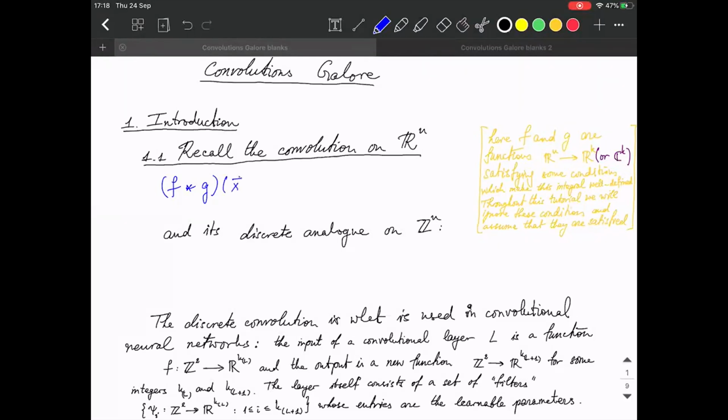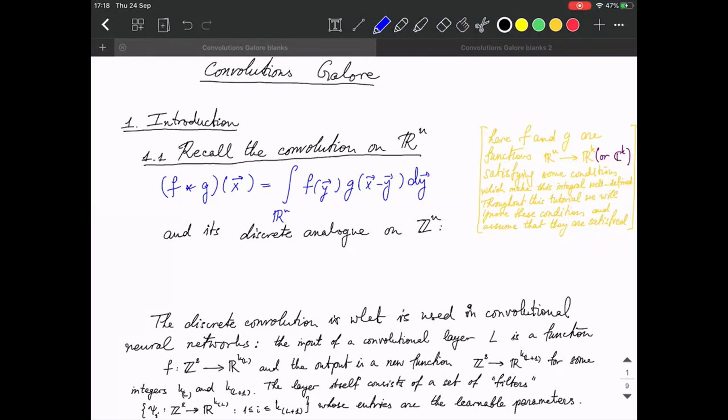So if you have two functions on Rn, then the convolution evaluated at point x is the integral over Rn of f(y) g(x minus y) dy.